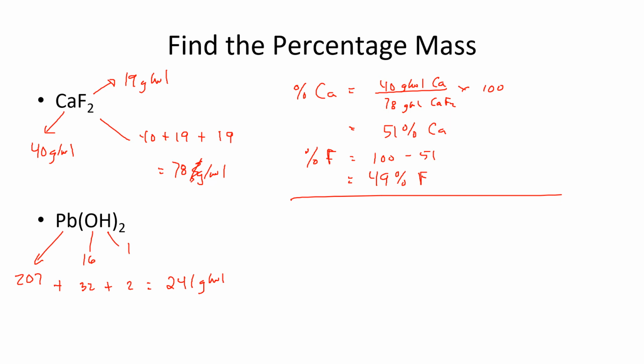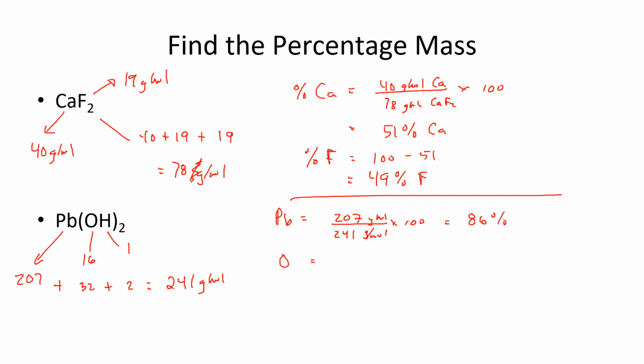Okay, so then we can take, for the lead, it is going to be the 207 grams per mole all over the 241 grams per mole, and times 100 equals, so 207 divided by 241 equals, we've got 86%-ish lead.